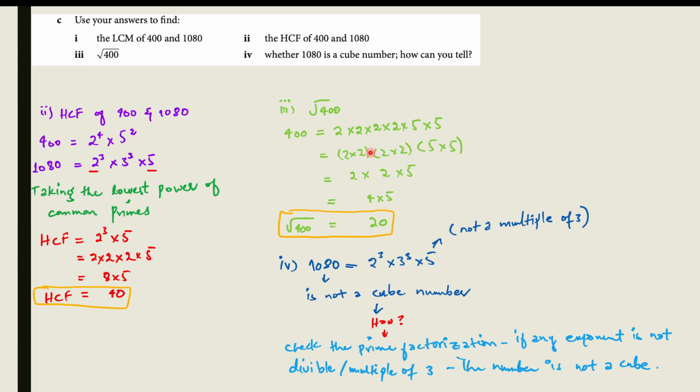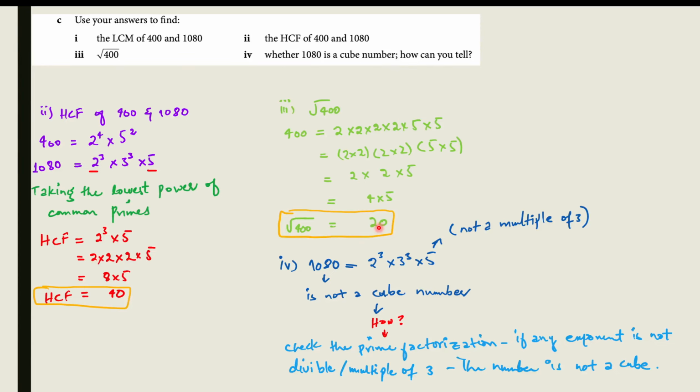From each pair we take one factor. So from this we take 2, from this prime 2 again, and from this we take 5. We multiply them. 2 multiplied by 2 is equal to 4. 4 multiplied by 5 is equal to 20. So square root of 400 is equal to 20.